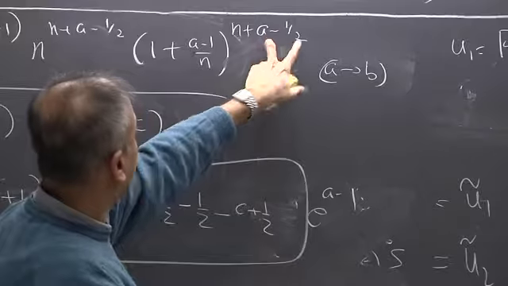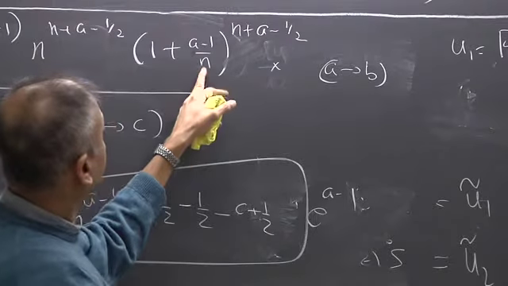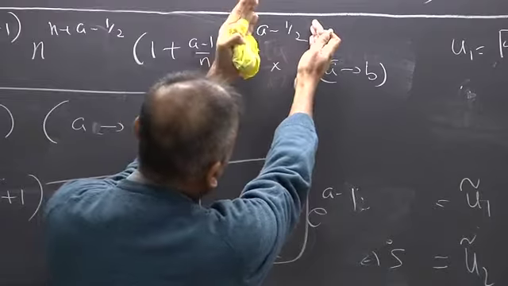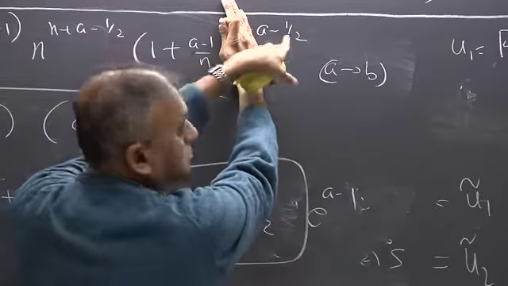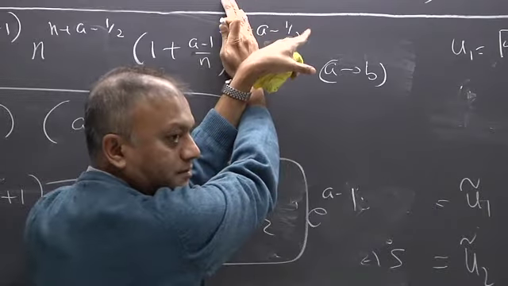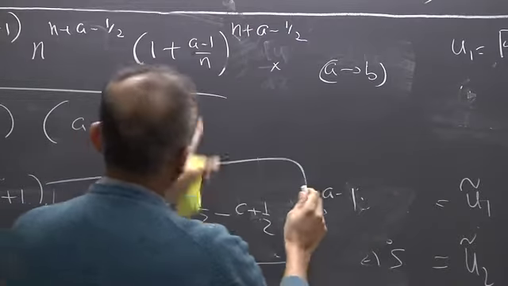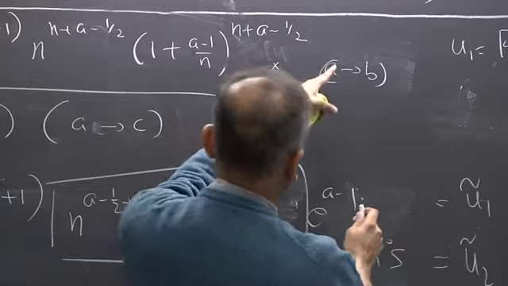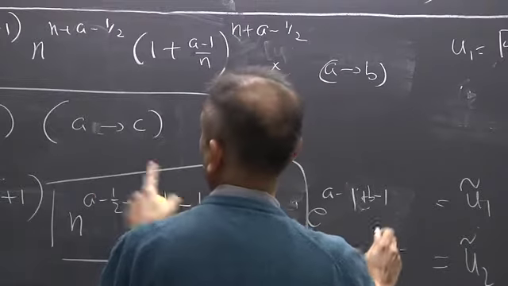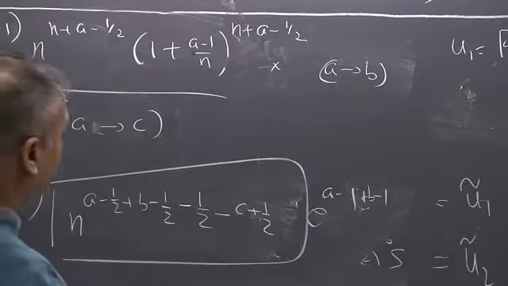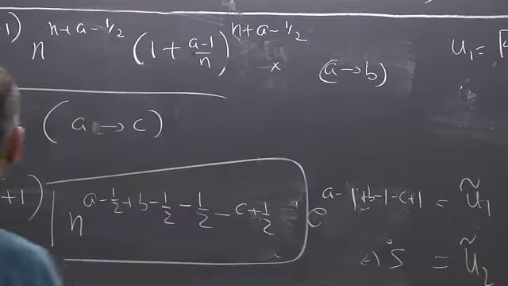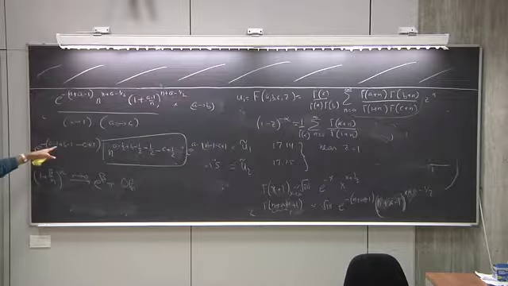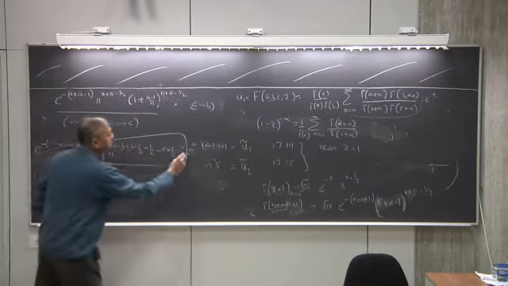Because as n goes to infinity, this power is just 1, and 1 to any power is 1 again. So this is not going to enter. So you just get e to the a minus 1, plus b minus 1, and then a equal to 1 drops out, and then you get minus c plus 1. So in fact, even this a, b, c also cancels. Actually, this entire thing cancels. This is 1.